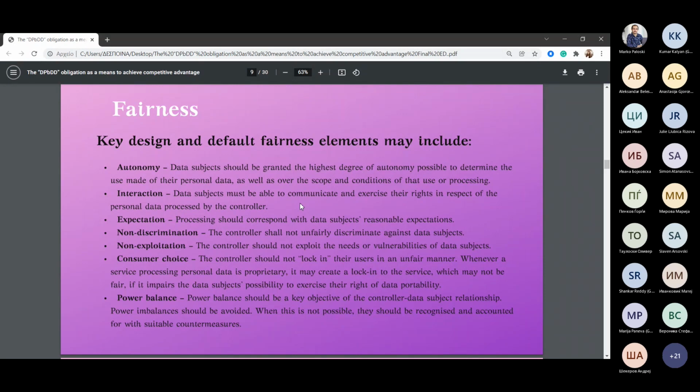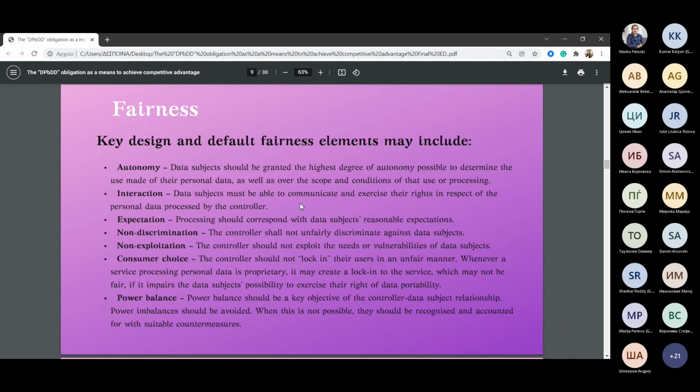Expectation: processing should correspond with data subjects' reasonable expectations. Non-discrimination: the controller shall not unfairly discriminate against the data subjects. Non-exploitation: the controller should not exploit the needs or vulnerabilities of data subjects.